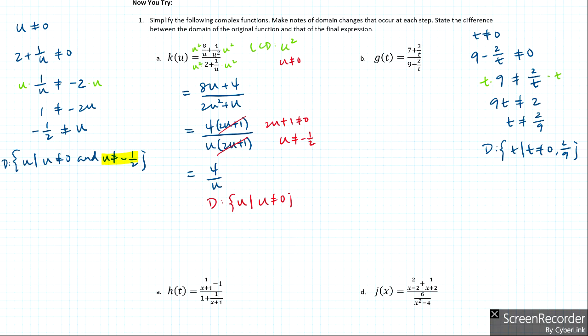Now looking at simplifying the entire function, the LCD is just t. So that means I can just multiply t to everything, and that again relies on the fact that whatever I'm multiplying doesn't equal 0. In this case, t doesn't equal 0 over here. And when I do this, I would end up with 7t plus 3 over 9t minus 2. No cancellation whatsoever.